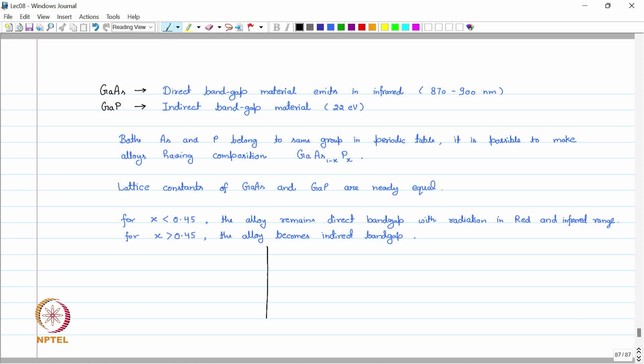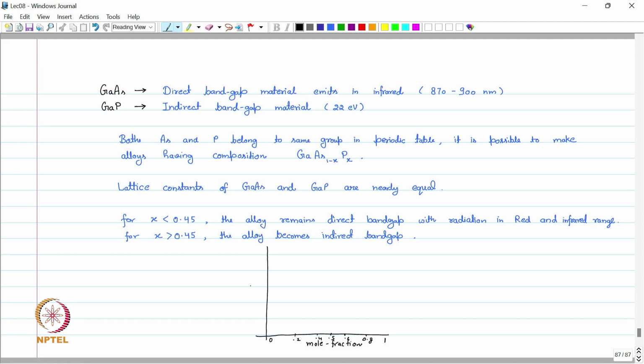So let's say we have this graph where on the x-axis we have mole fraction, which is X value. This is 0 and this is 1, and in between we have, let's say, 0.2, 0.4, 0.6, 0.8 and 1.